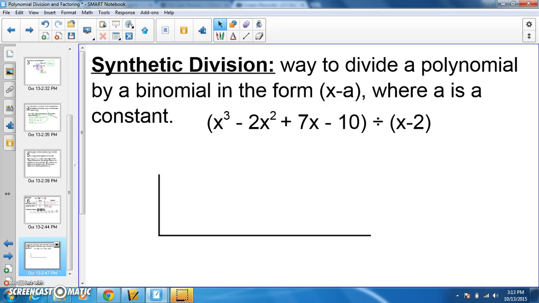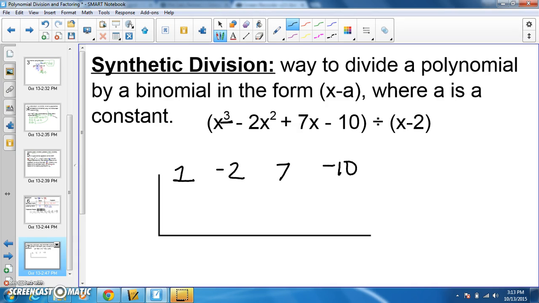So we have to make sure that we're writing our coefficients in order with our highest power. So we're going to start with the highest power of 3. The coefficients are 1, negative 2, 7, negative 10.